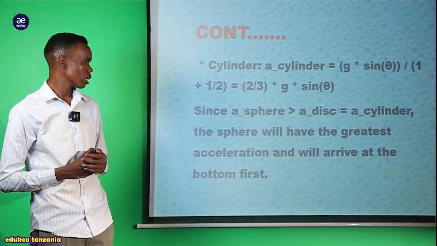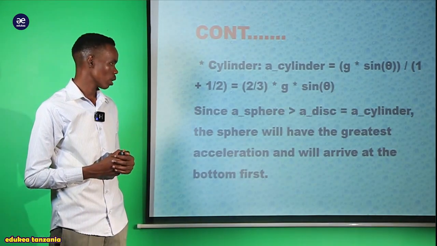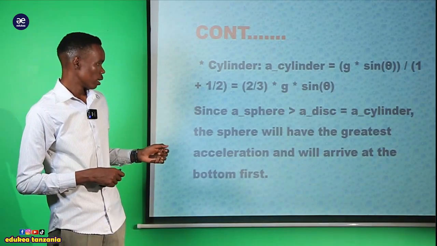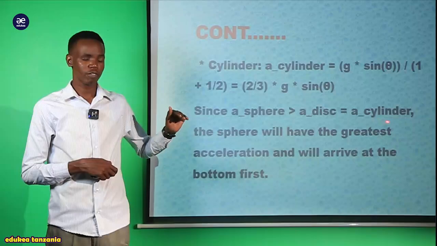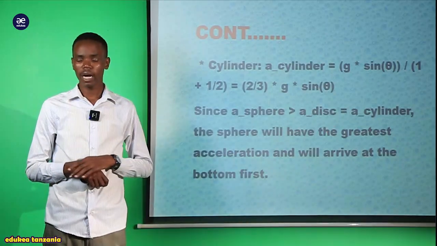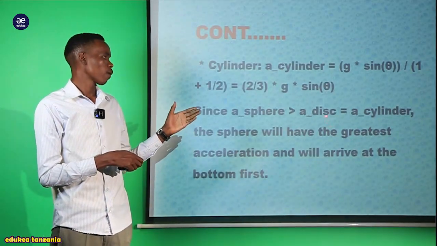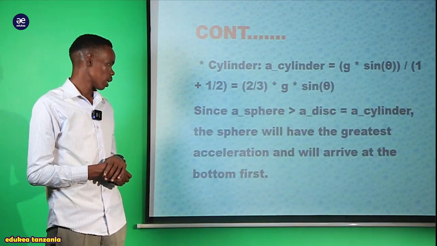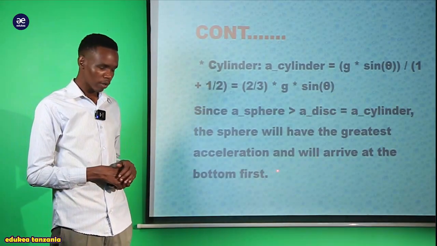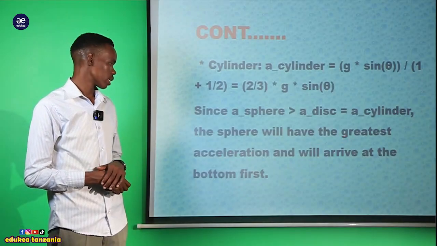So after this one, we are supposed to say that the sphere has a greater linear acceleration compared to the disk and the cylinder. Now the sphere will have the greatest acceleration.